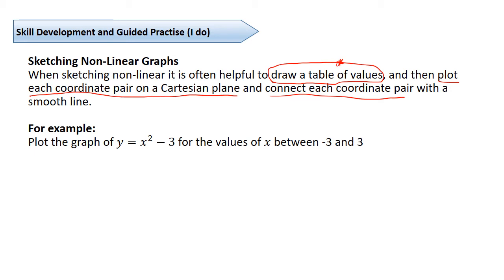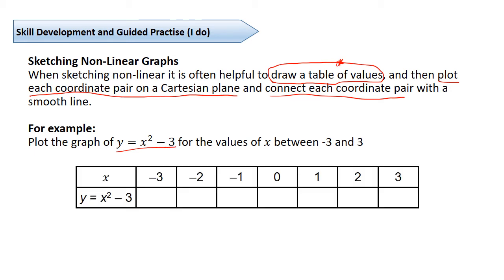So what we're going to do is plot this graph down here. First things first, we're going to draw up a table of values. We're going to substitute the x into our function here. So we had x squared take 3. So we could do some working out. Okay, so y is equal to, substituting -3 into the function.